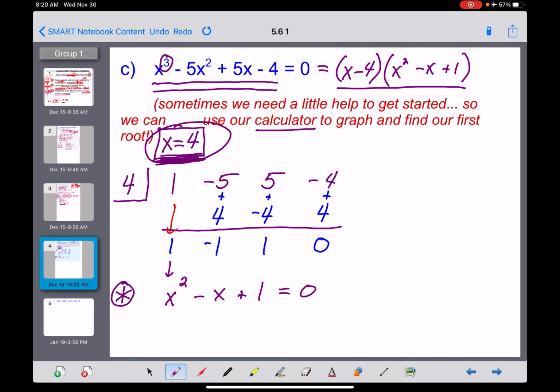So we need to keep going, and we need to solve this quadratic and come up with the last 2 roots. So how do we solve a quadratic equation? Well, the first thing we would try to do is factoring, but this one also doesn't factor any further than what it is right now. I knew that, guys, because if it didn't factor at the beginning, I don't think we're going to notice that it factors at the end.